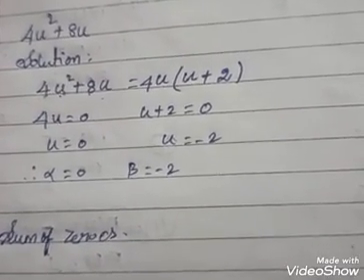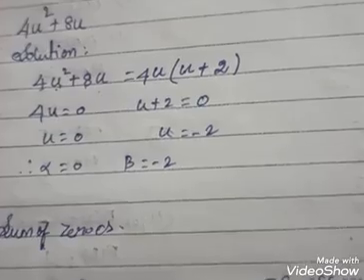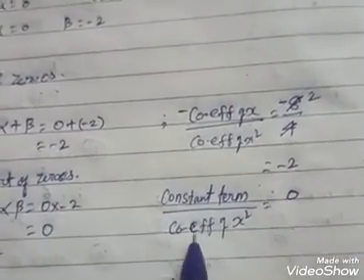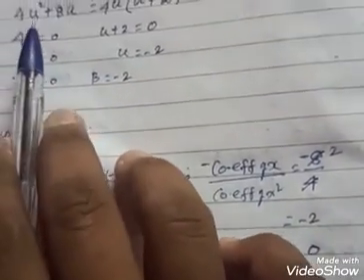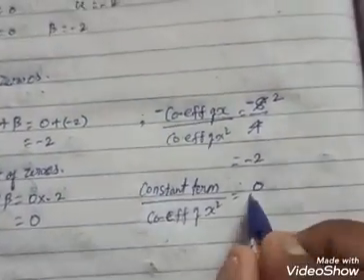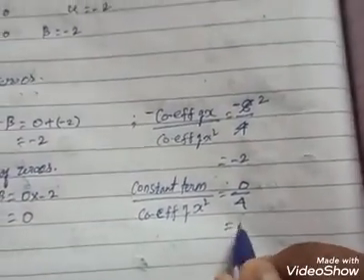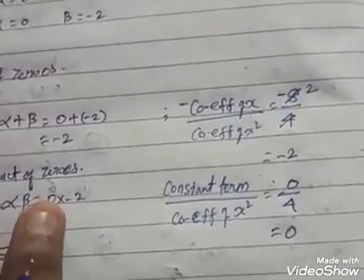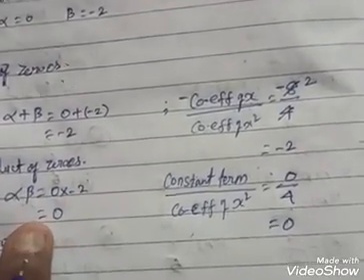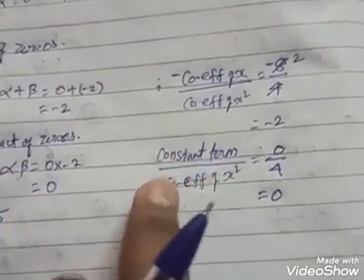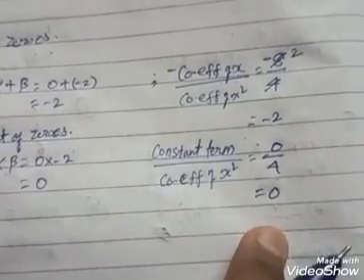In this expression there is no such number, so I take it as 0. And the coefficient of x square, here the coefficient of u square, is 4. So 0 divided by anything becomes 0 only. So the product of zeros alpha and beta we get 0, and comparing the coefficients, we also get 0.